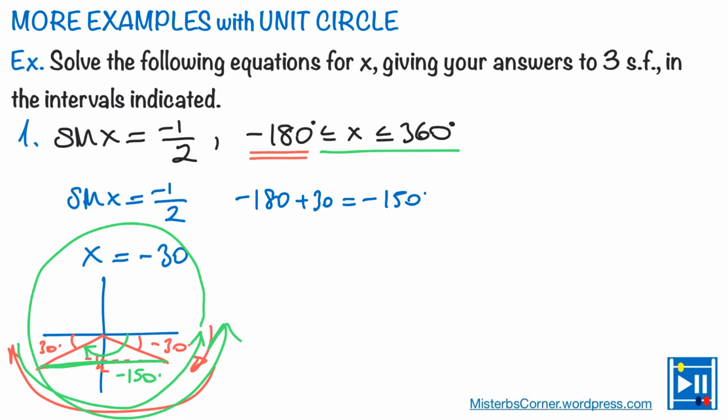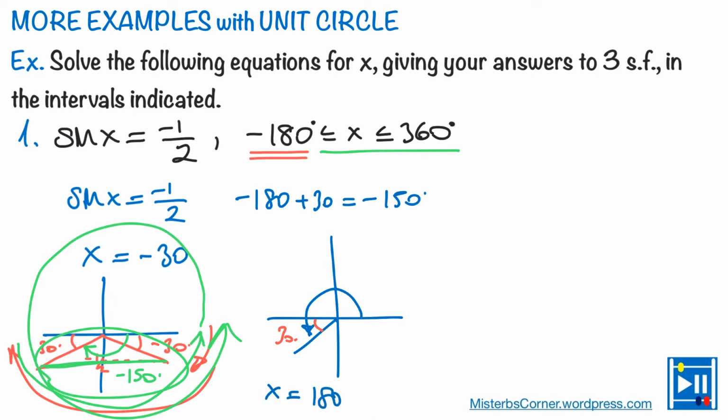Now, when I'm doing this, I again revisit these values, right? So when it comes to the angle that the radius makes with the positive x-axis, I know that this is 30 degrees. This time x equals 180 plus 30, which is 210.